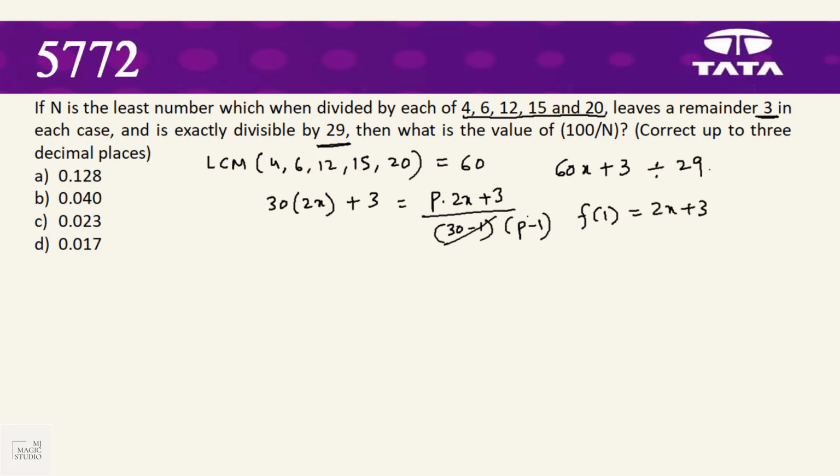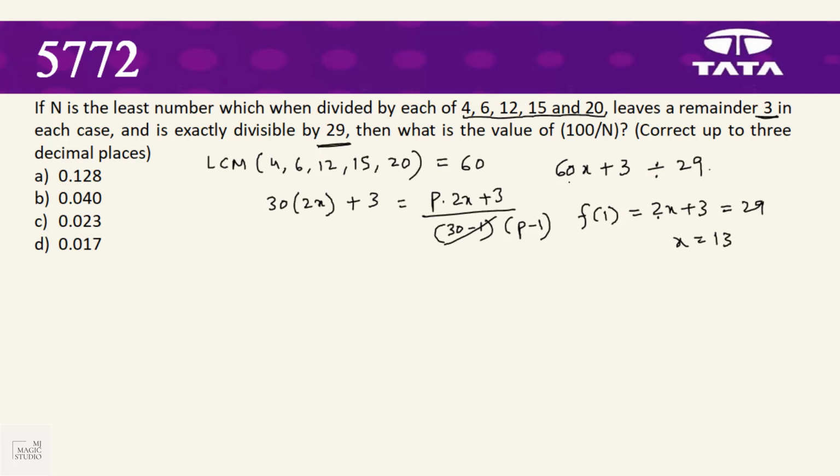Now since this entire function is divisible by p minus 1, this 2x plus 3 should be 0 or a multiple of 29. If I make it 0, x will be a fraction, which is not the case. If I make it equal to 29, then x will be equal to 26 by 2, that is 13.